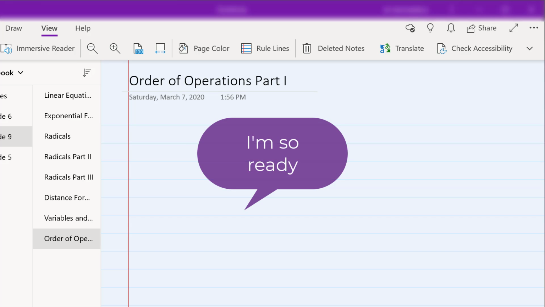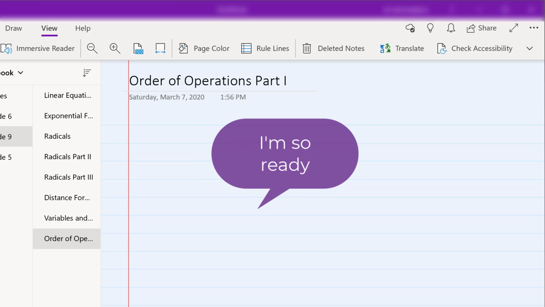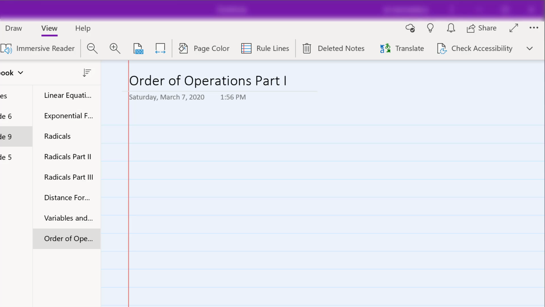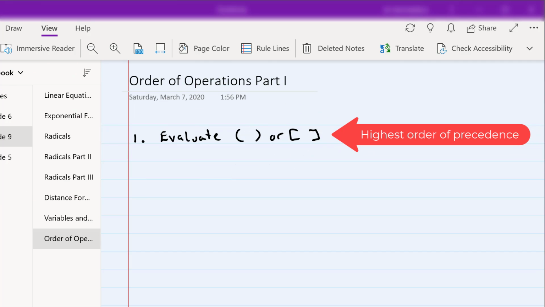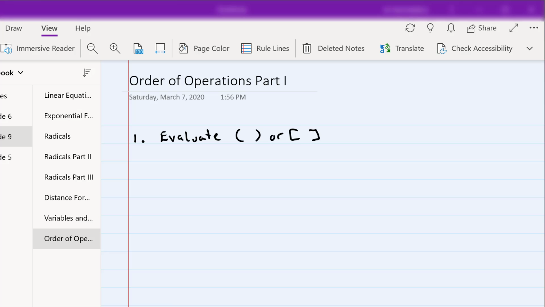When we're dealing with algebra and algebraic expressions, there are specific orders that need to be followed, or steps that need to be taken, in order to solve the problem properly. The first thing to do is evaluate the parentheses or brackets or some grouping symbol.